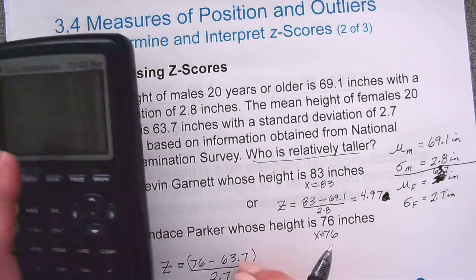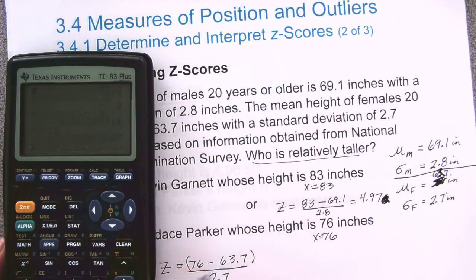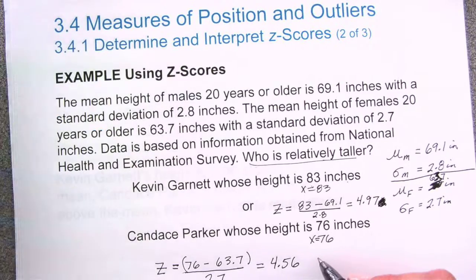Okay, so we're going to put in there, open parentheses for the numerator, 76 minus 63.7, close parentheses, divided by 2.7, enter. So that's 4.56.